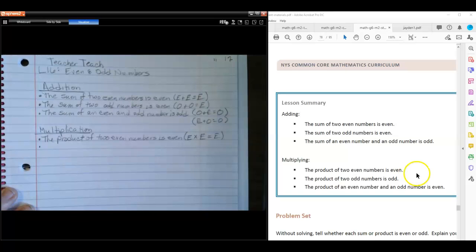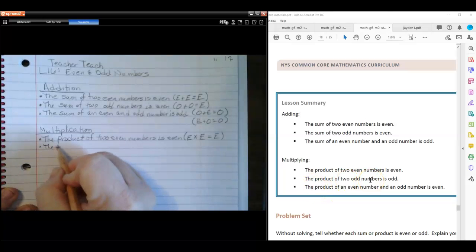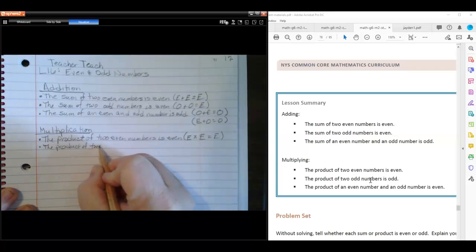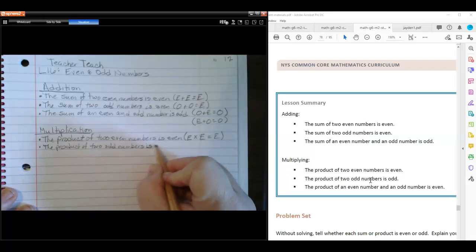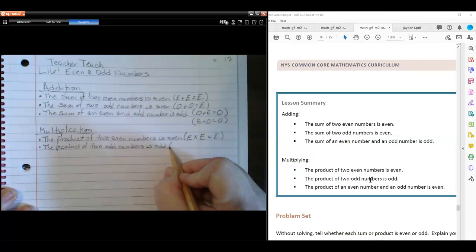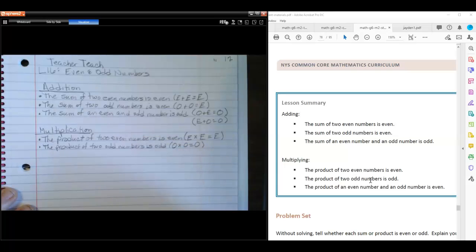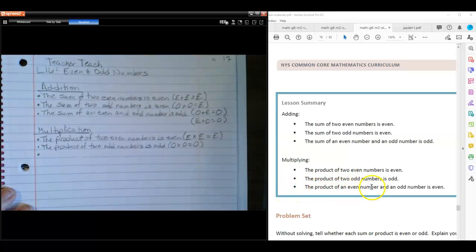And the next one, product of two odd numbers is odd. So odd times odd equals odd. And then the last rule for multiplication, the product of an even number and an odd number is even.